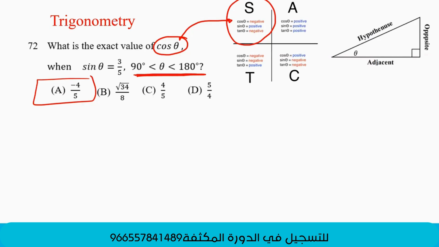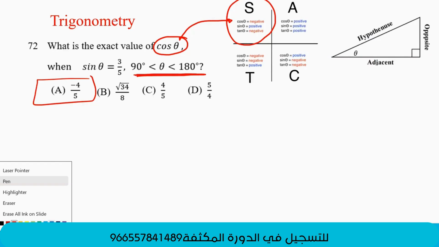Do you see how easy is the problem from تجميعات? If you think smart, it is easy. Because it's from 90 to 180, so this is the second quadrant. So let me write it here.